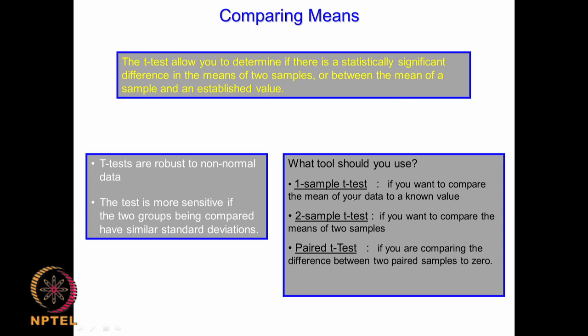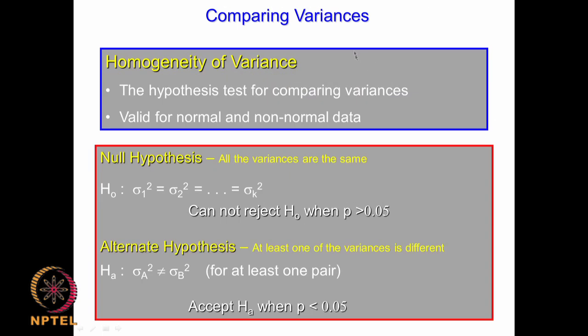Now, if you are comparing variances, that means you are comparing the standard error. Here we are comparing variances, and this is generally valid both for normal and non-normal data. The H naught will be sigma 1 square is equal to sigma 2 square and so on.